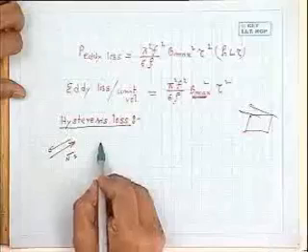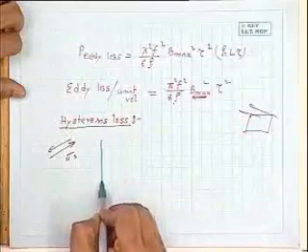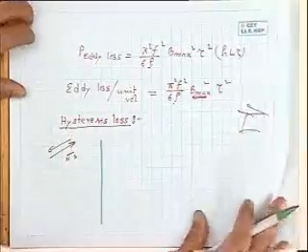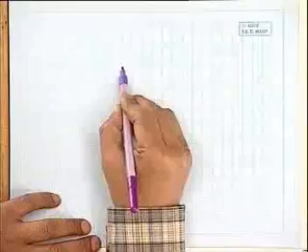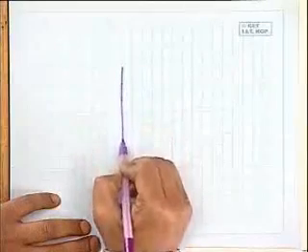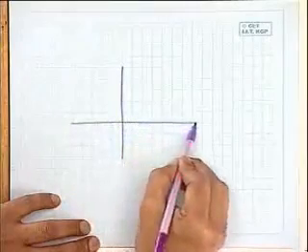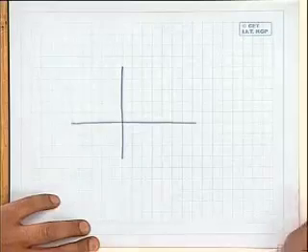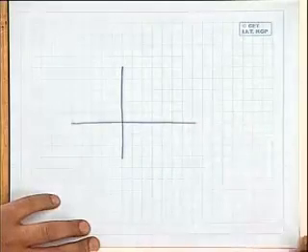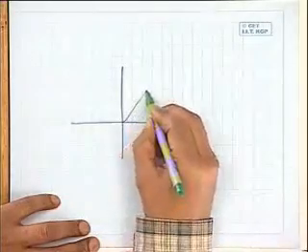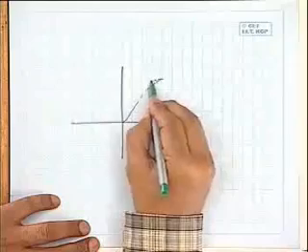Now, how to calculate the hysteresis loss? This is somewhat tricky. Tricky in the sense one should understand this and keep this picture in mind. Now, this I will take another page to explain. Suppose the BH characteristics of a material, of a practical material, when it is excited by AC current, will be somewhat like this.